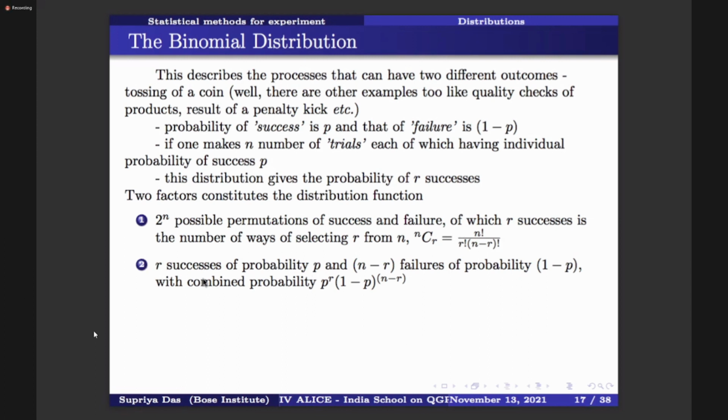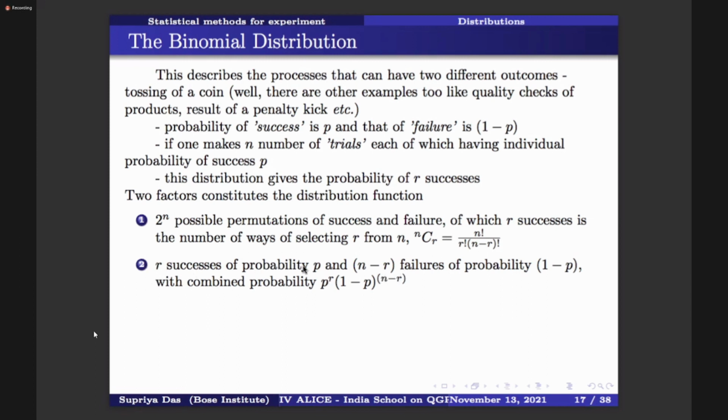And then the second factor is R successes of probability P and n minus R failures of probability 1 minus P, because the probability of success is P and the probability of failure is 1 minus P. So you have R successes of probability P and n minus R failures of probability 1 minus P, which combines the total probability of these two as P to the R times 1 minus P to the n minus R, right?